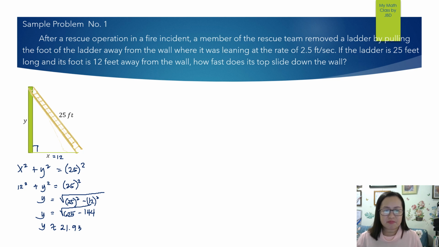So this means that 2.5 feet per second is equal to the change in x over the change in time.